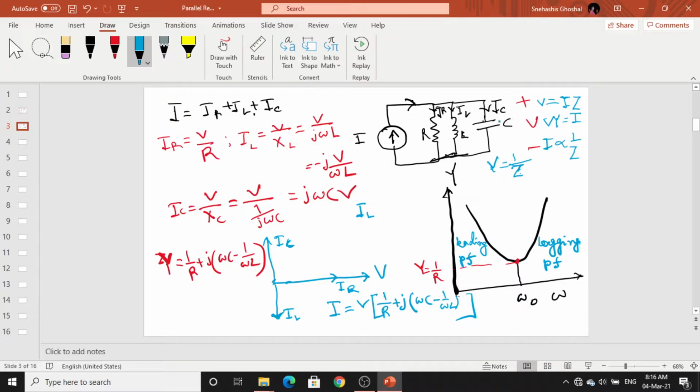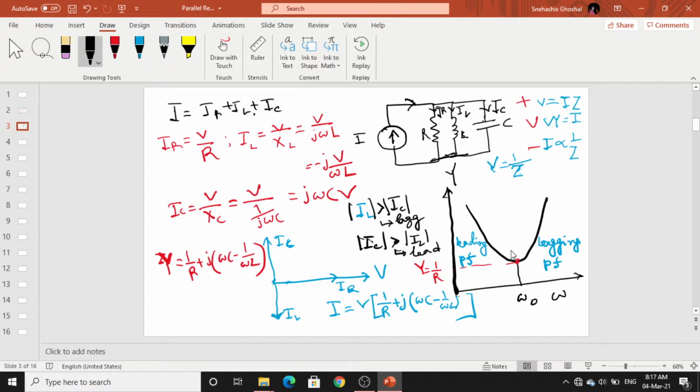So if voltage is constant, parallel circuit, so I is proportional to Y. That's why I can write that in case of mod IL greater than mod IC, it is a lagging circuit, and when mod IC is greater than mod IL, the circuit is a leading circuit. So that is the case.